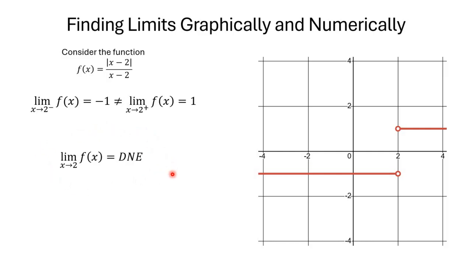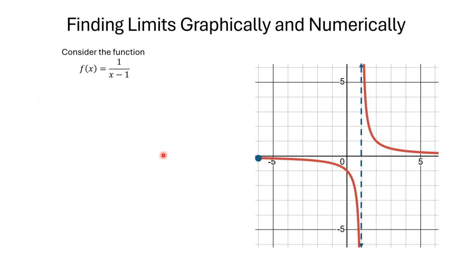So this is the first instance we've seen of a limit not existing. There are different ways for a limit to not exist. One of them is if the limit from the left and the limit from the right don't equal each other. Another way for a limit to not exist is this behavior here that we're going to see as x approaches +1.